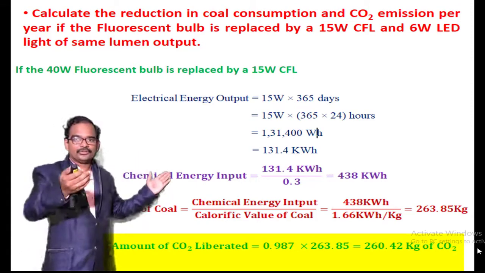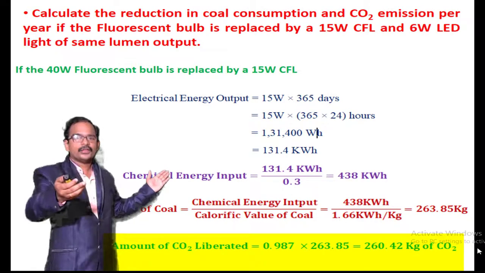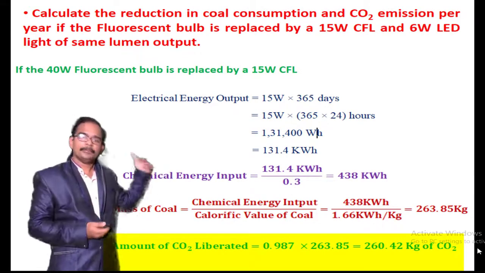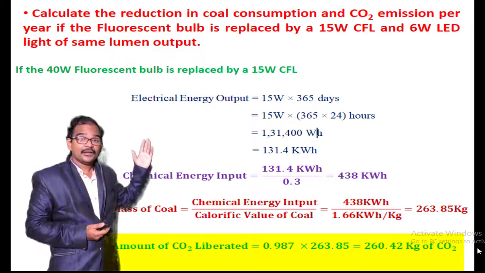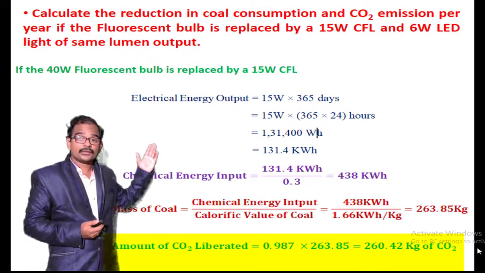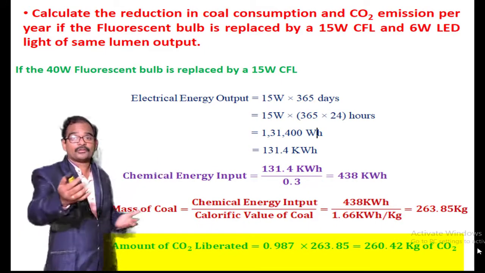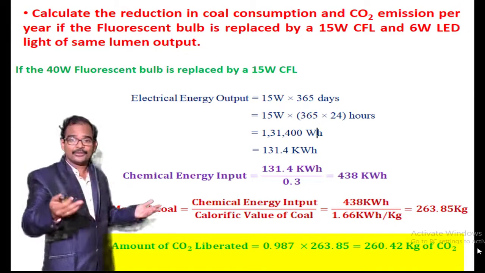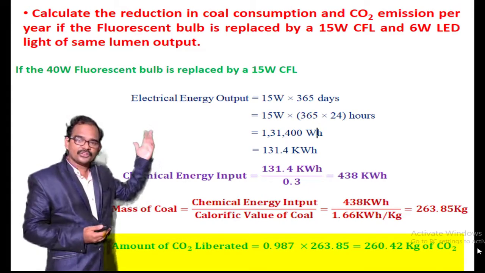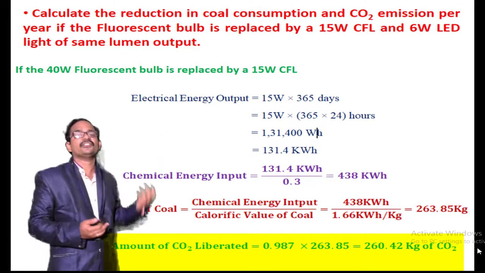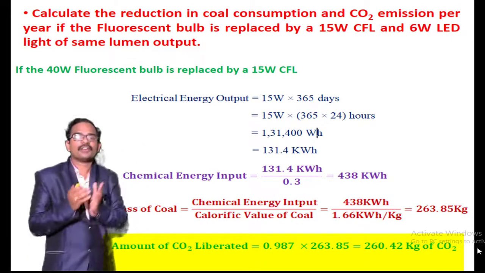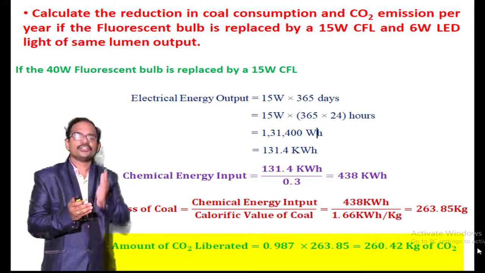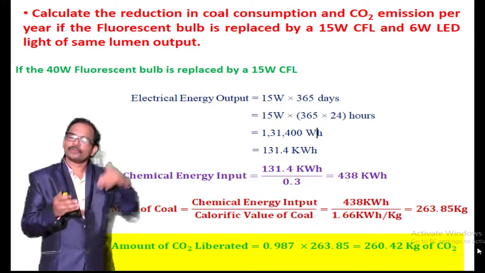But now, by using the 15 watt CFL, I am utilizing only 261 kgs of coal. Previously, I was sending 694 kgs of CO2 into the atmosphere, but by shifting from the incandescent or fluorescent lamp to the CFL lamp, I am reducing the CO2 emission from 694 kg to 260 kg per year, which is a 65% reduction in coal utilization as well as CO2 liberation.